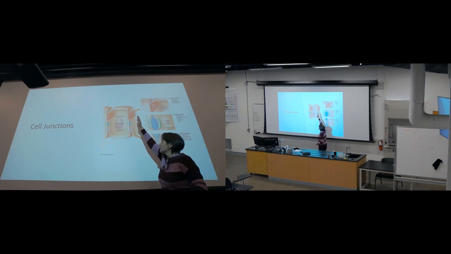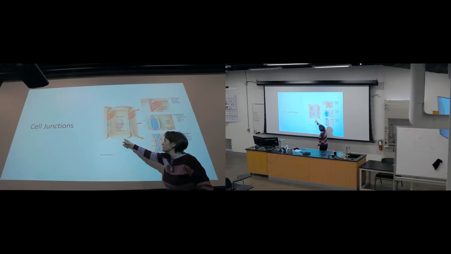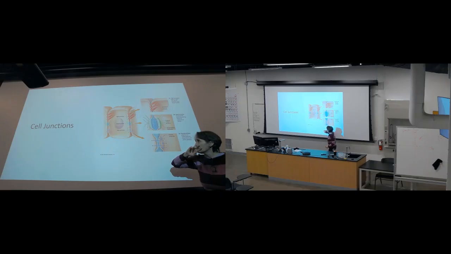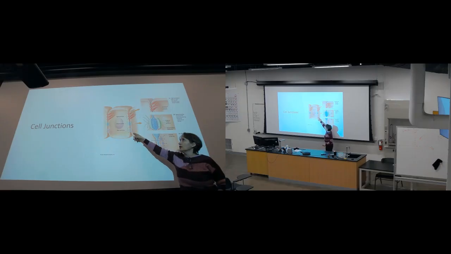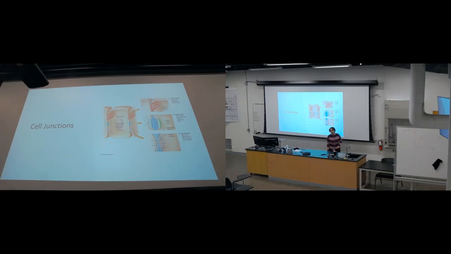And this is the lateral side of the cells. So this is the basal side. We have hemidesmosomes, which are not shown here, in the basal side. And not all cells, but some cells have additional junctions, like gap junctions. These gap junctions will be found in electrically excitable cells, like cardiac muscle cells and some neurons.